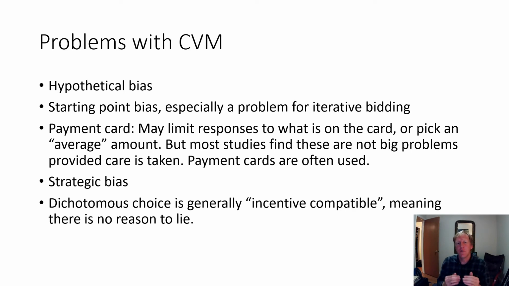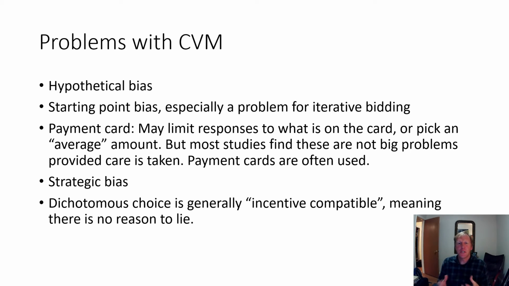I assume that if I put something on the high end of the card, then that means I really like it, and if I put something on the low end, then that means I don't. So we tend to form our preferences, and the degree of those preferences, by what's on those payment cards. This is an issue in general, and also reflects that flavor of starting point bias.